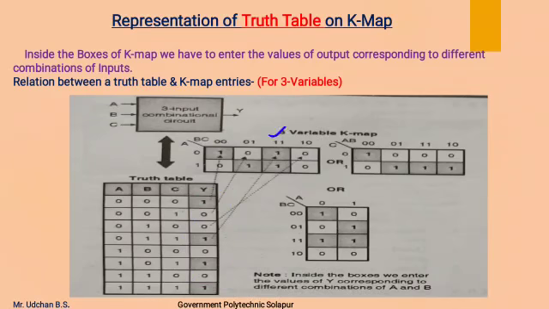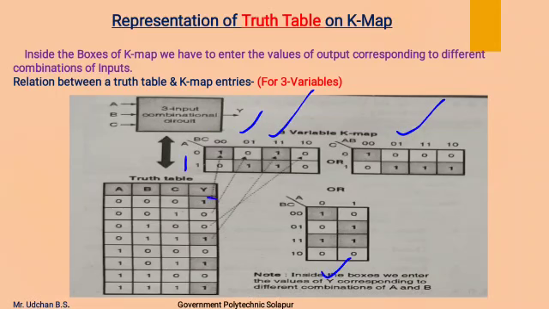Here all the 3 possible formats of Kmap have been shown, in which the respective output values for various combinations of inputs are entered into the Kmap cells. So I will tell the entries of output values into this Kmap. Here the vertical variable is A and horizontal variables are BC.